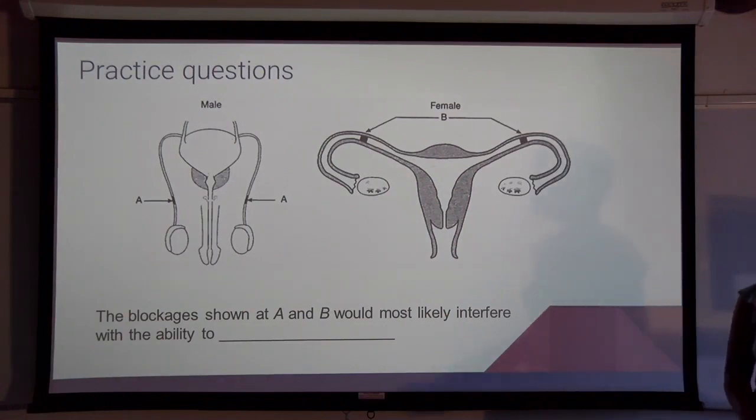All right, let's do a quick review question on this. Here, common images to see on the state exam. Here's the male reproductive, female reproductive system. Now, you have to think right away, as soon as you get the images, you should start labeling, figuring out what parts they're pointing to. Anytime there's a diagram, try to label it ahead of time. And then go down and look at the question. If there's a blockage in structure A and structure B, what would it most likely interfere with the ability to do?